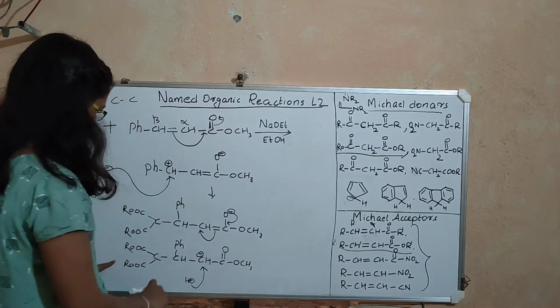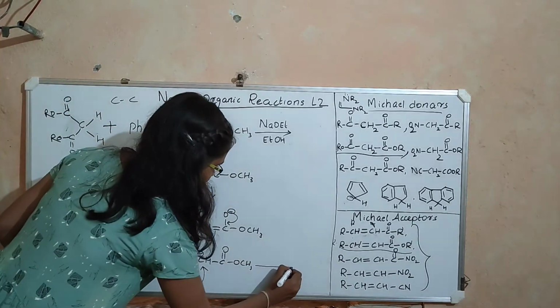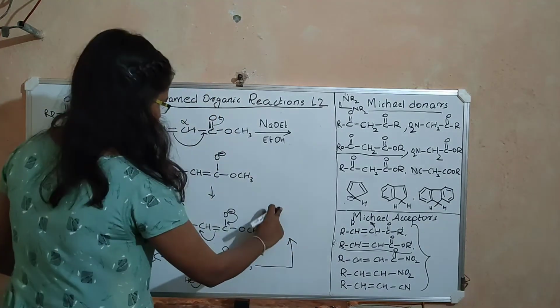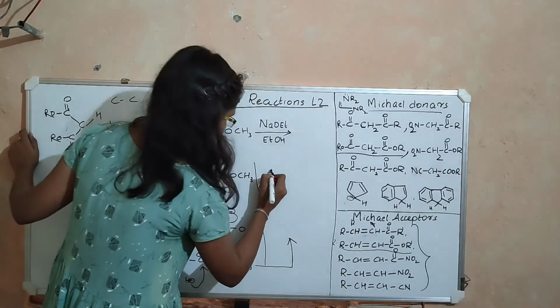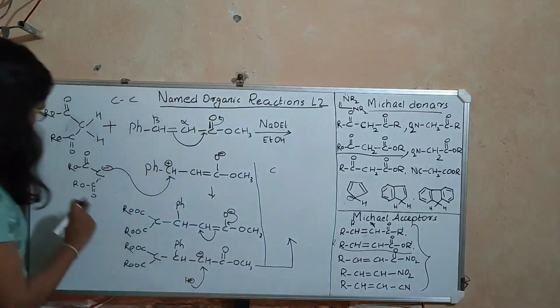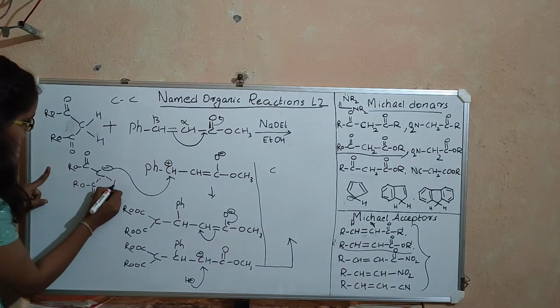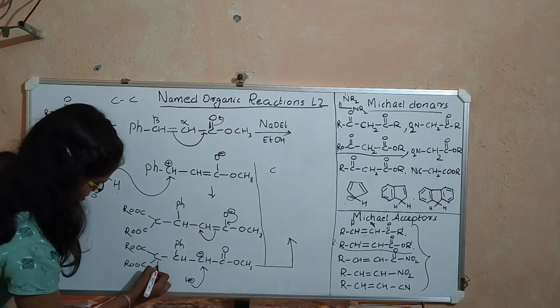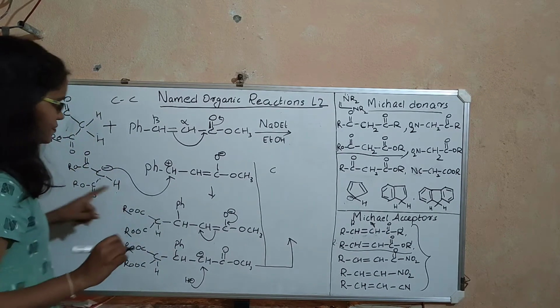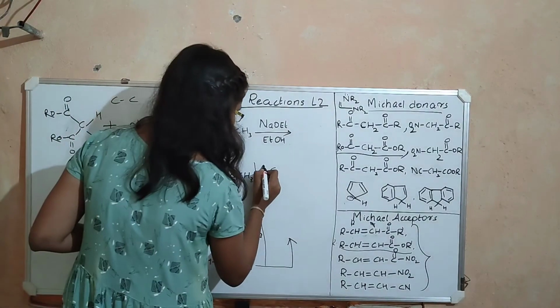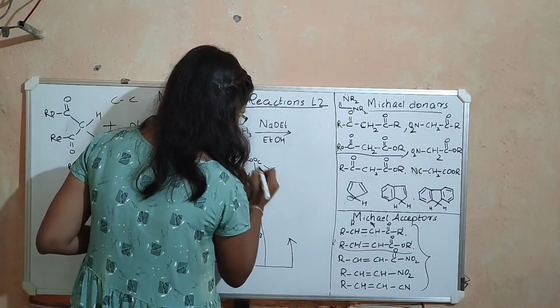So the product you get is, sorry, this has one hydrogen. The product you get is COOR.